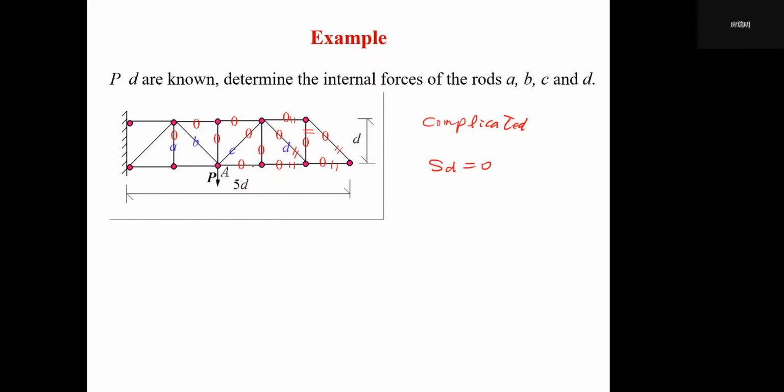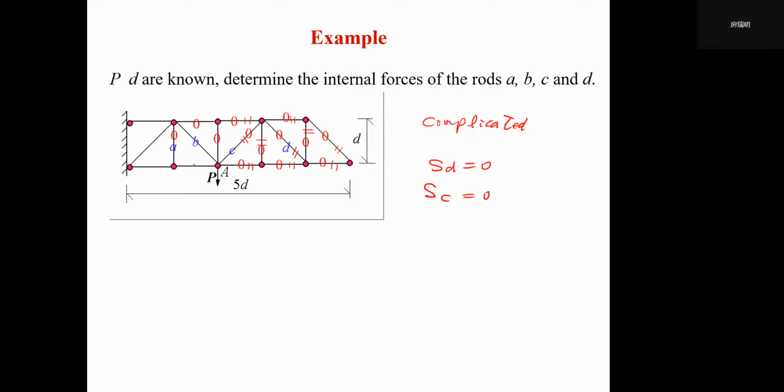So once again, we find this one, a single knot, two members. So this one is 0, this one is 0. This knot originally has 1, 2, 3, 4, 5 members, but we find 3 of them are 0 members. Then it also fulfills the requirement, one knot, 2 members. So this one is 0, this one is 0 member too. So we have SC equals 0, right?